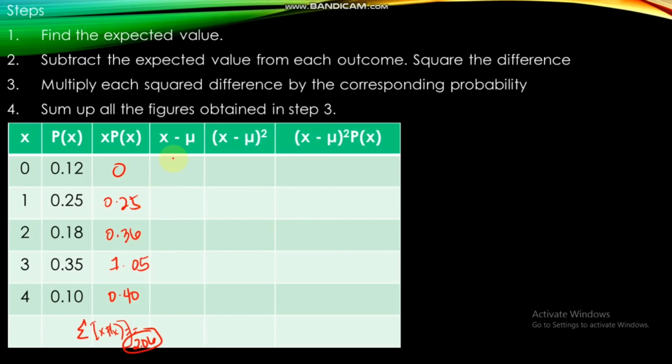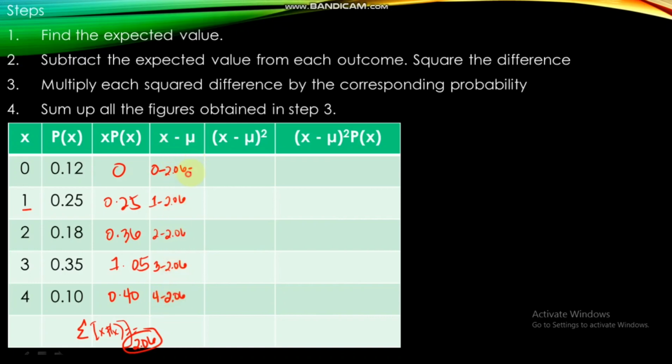Now we take the values of x, starting with 0, and subtract the value of the mean, 2.06. Then 1 minus 2.06, 2 minus 2.06, 3 minus 2.06, 4 minus 2.06.